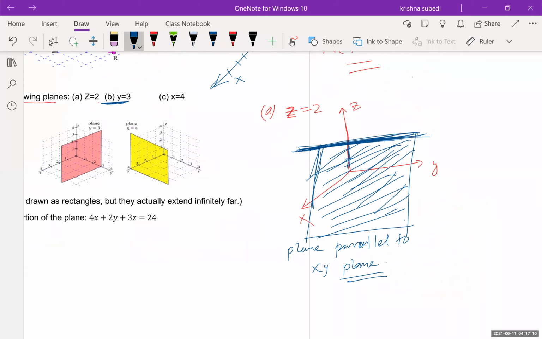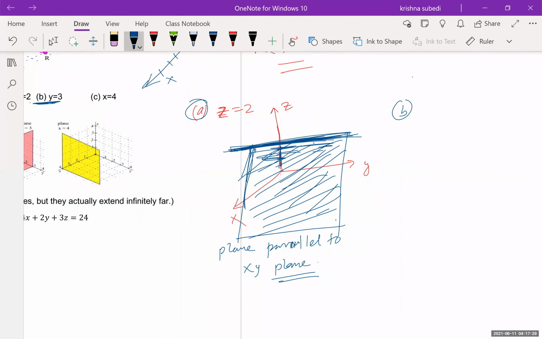This one is your ceiling actually. So the plane that I'm drawing here in A is actually the plane of a ceiling.